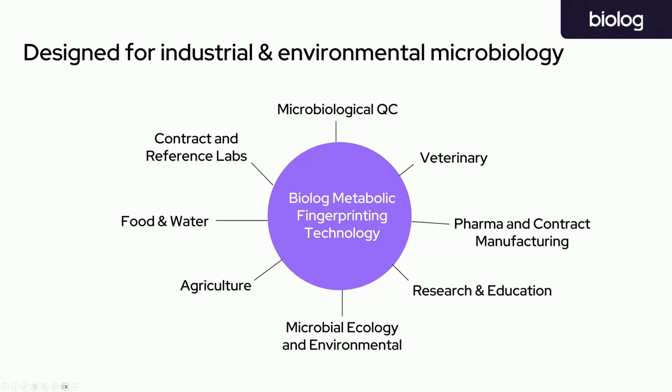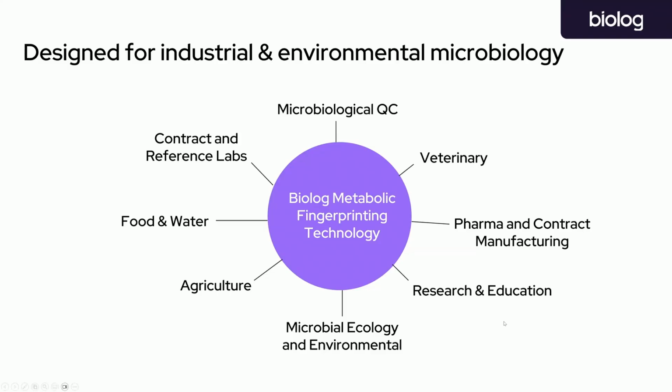Over here for pharma and contract manufacturing, microbes, you probably know, are a significant threat to sterility of the product. And so it's crucial to be able to accurately identify microbes as part of your good manufacturing practice requirements that the industry sets. And we also actually have a lot of teaching labs over here for undergraduates that use these systems as a really great teaching tool for microbiology. So learning how to profile and identify different types of microbes. So you can see a lot of different applications here.